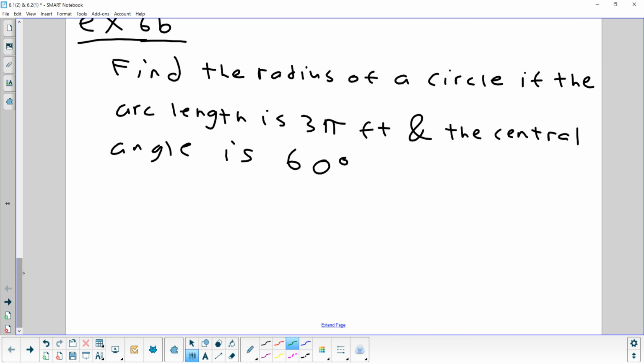Someone remind me again, what is the formula? Yes. S equals r theta. Let's go through one by one and see what they've given me. Did they give me S in this case?